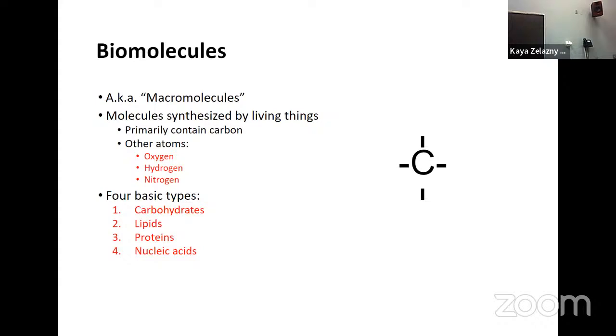When we think about proteins, we want to be thinking about receptors embedded into membranes. Some of our other hormones will be protein-based hormones. Our proteins are going to have a lot of effects on these different systems in the body. And finally, we're going to remember that nucleic acids, DNA and RNA, are their own type of biomolecule.